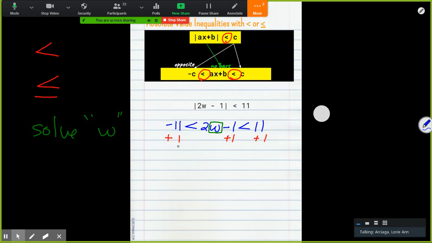Negative 11 plus 1 is negative 10, less than 2w, then less than 11 plus 1 is 12. Okay, and now this is where you're going to take it from. You will type whatever answer you get in the chat. The last step is to get the w by itself, you need to divide by 2.